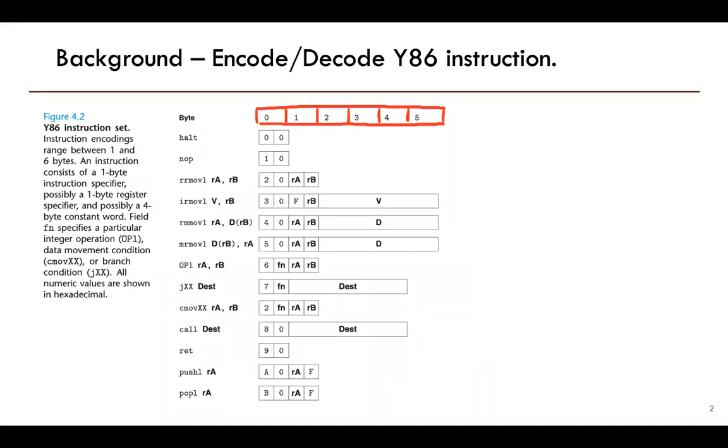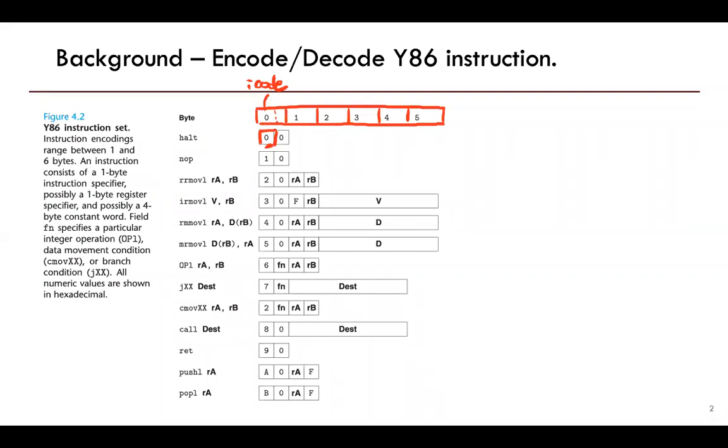The first box fits into the first half of the first byte, and it stores the instruction ID or instruction code to identify the instruction, and it is called icode in the implementation diagram we are going to look at on the next slide.